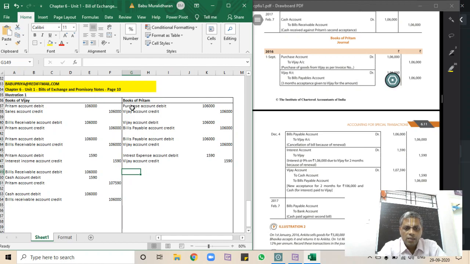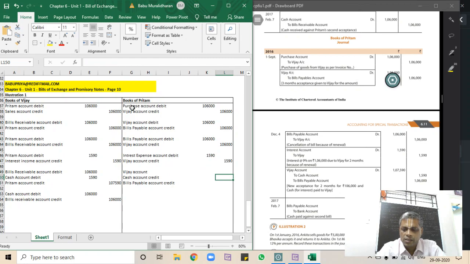Now because a fresh bill is drawn, we have to debit Vijay account, and bank account or cash account has to be credited because the payment is settled, and bills payable account credit for the fresh bill that was drawn.